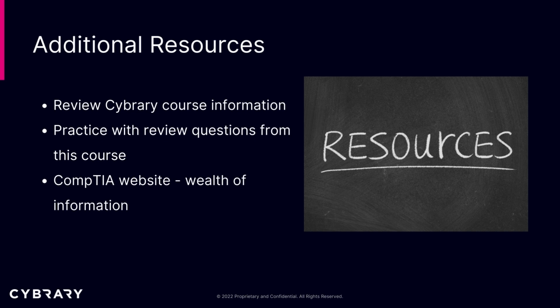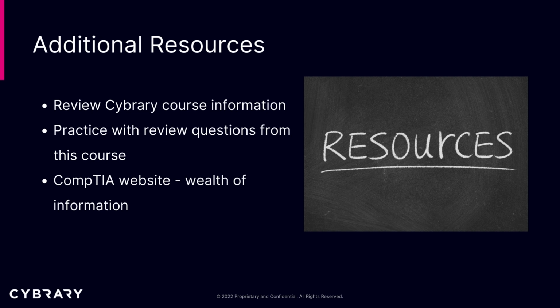Make sure you have a good, solid, and firm understanding of the concepts that were covered in this Core 1 exam preparation. Also, practice again with the review questions from each of the modules in this course. Go over those answers. Make sure that you understand them, not memorize them, but understand how you got to the answers based on the material that you learned. That's the best way to learn your material.